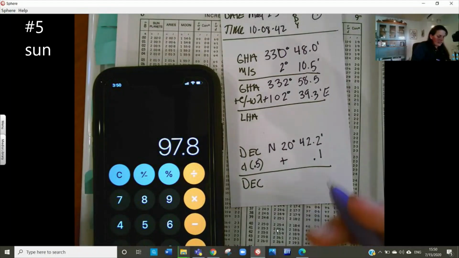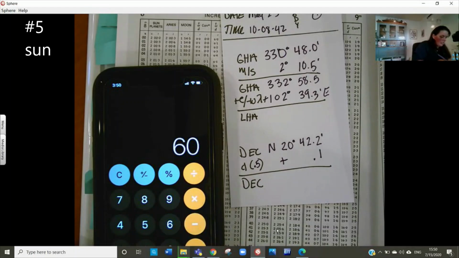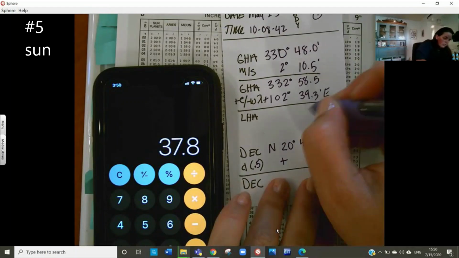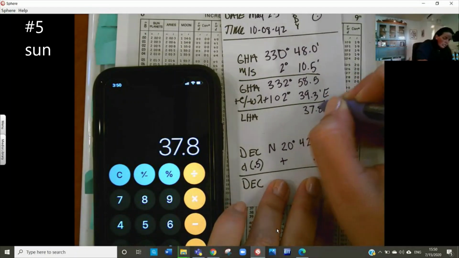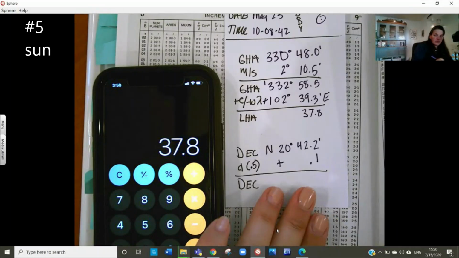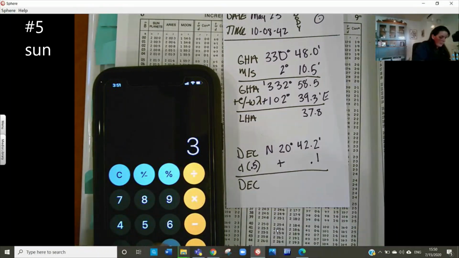97.8, we have to subtract 60. Carrying the 1. Gives us 435. Again, 435 isn't a number on our circle, so we have to subtract 360.